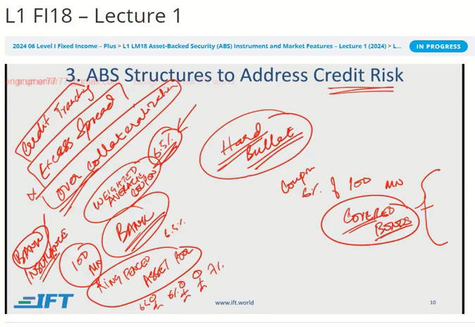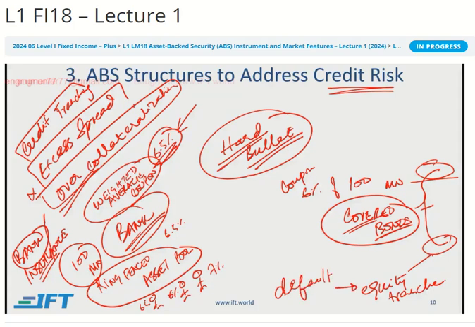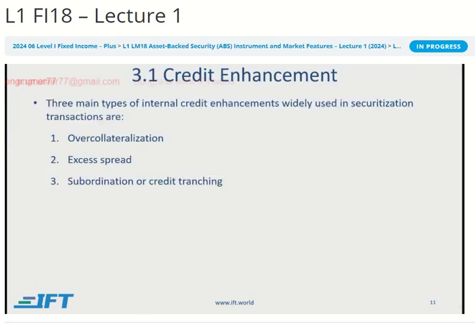Or you can have credit tranching, so that at least some of the layers are safe and only the equity tranche, the last one, usually called the equity tranche because it behaves like equity, faces the default risk. So you could take care of the risk that way as well by securing the senior tranches. Or you can get a bank guarantee or a surety bond from an insurance company. So these are all the structures to assess credit risk. Let me take you through each one of them, right?